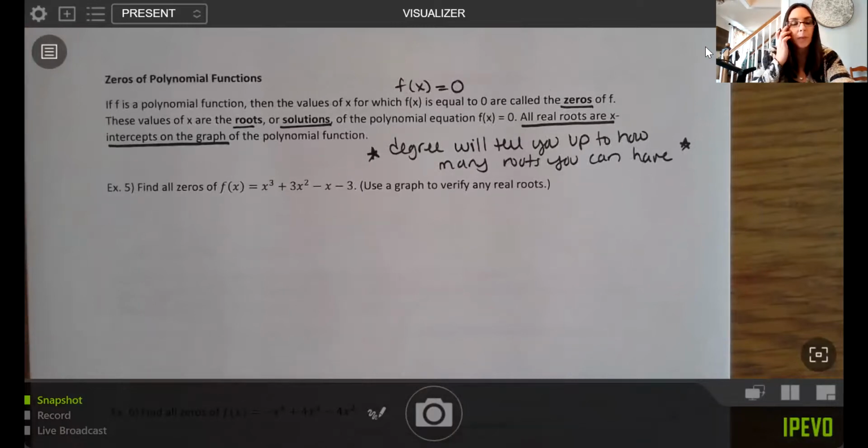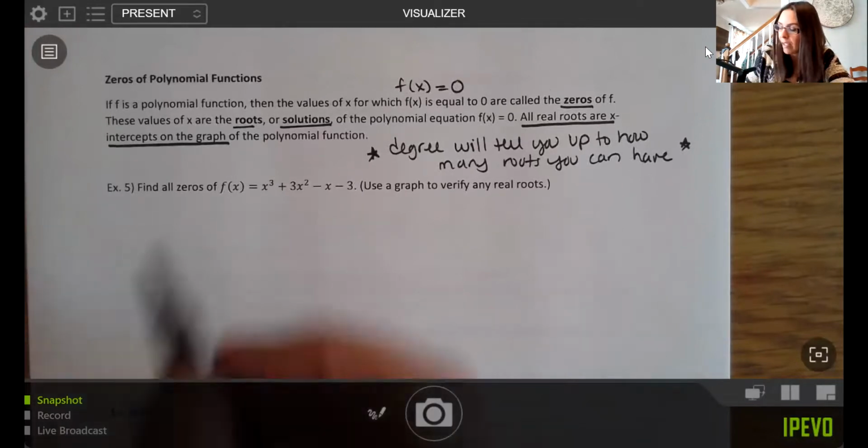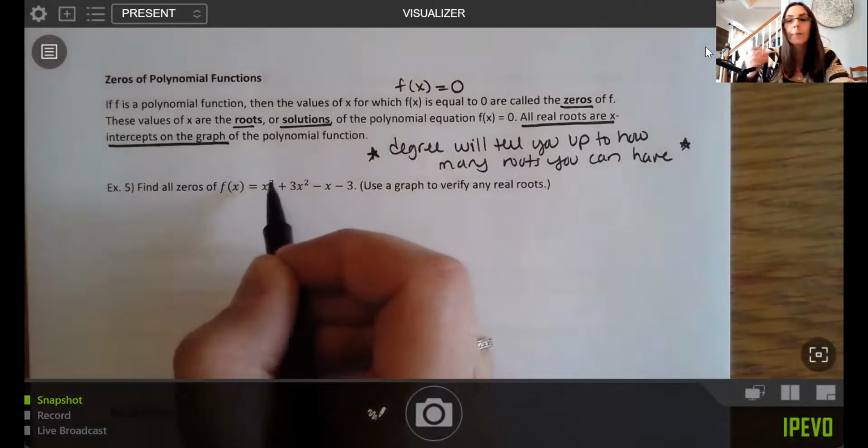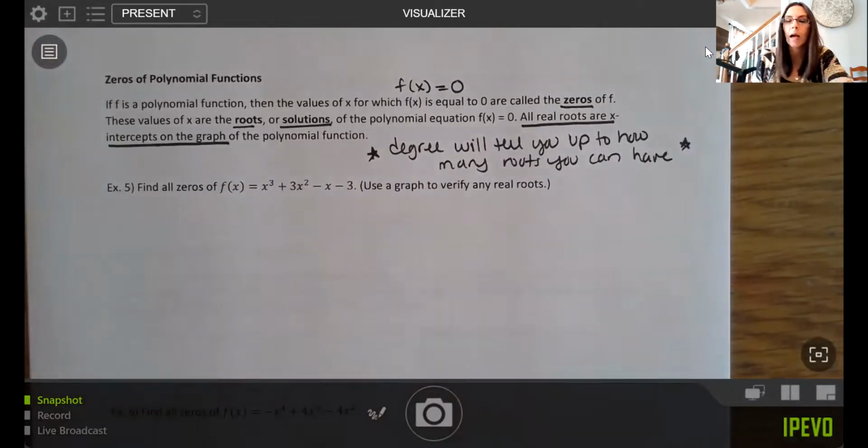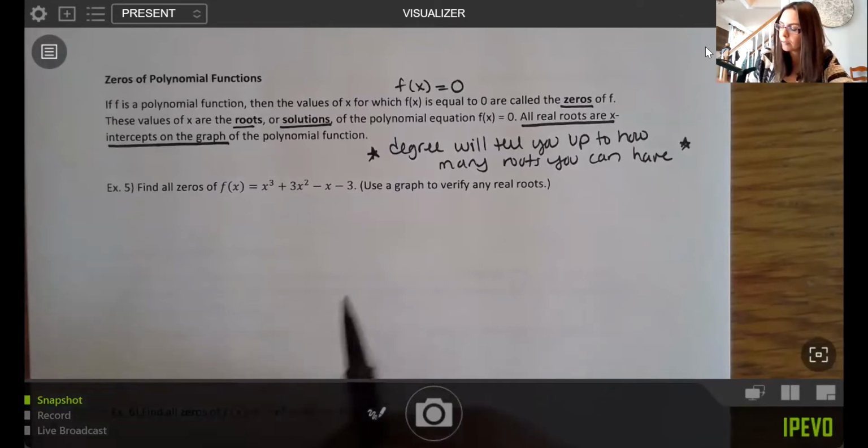In our first example, we have a degree of 3, so we can have up to 3 solutions here. You actually do have exactly 3 solutions if you're willing to include imaginary numbers as well as repeat solutions. Sometimes if you get a repeat solution that occurs more than once, you would have exactly 3 in the mix. So let's go ahead and try this.